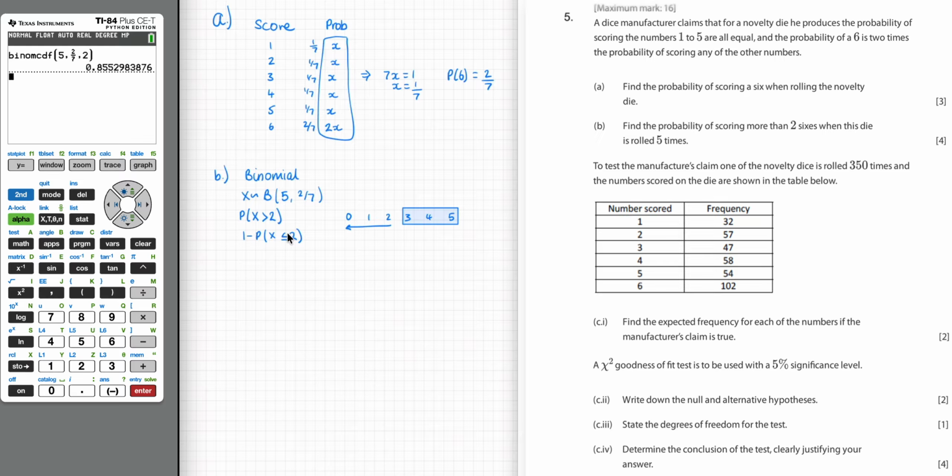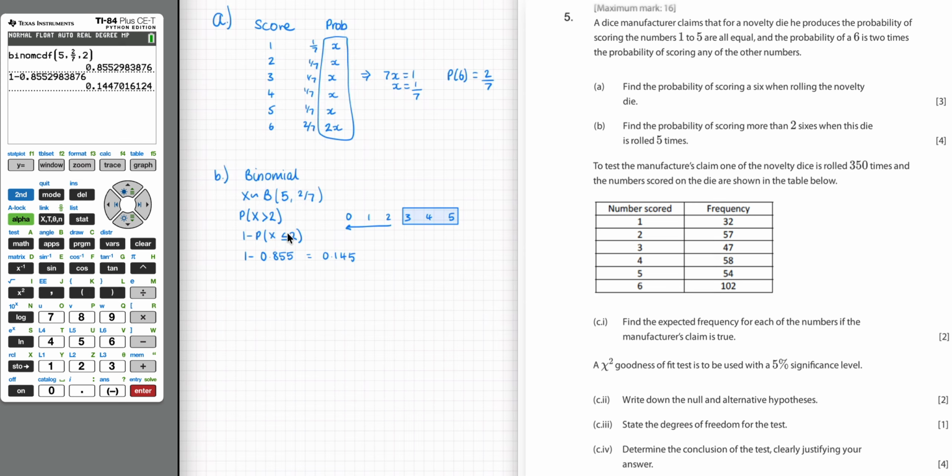So that gives me 0.855. So 1 minus this, and I get 0.1445.